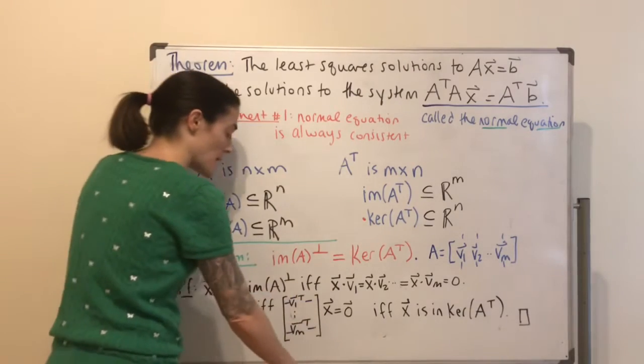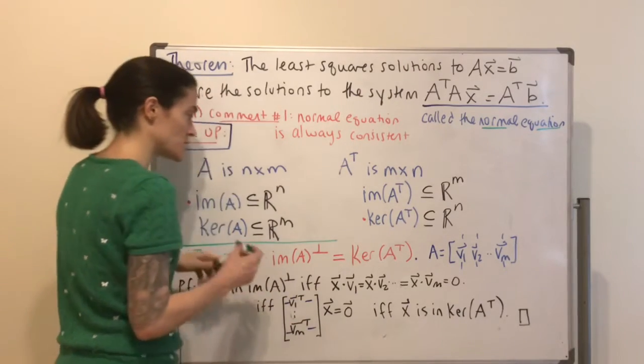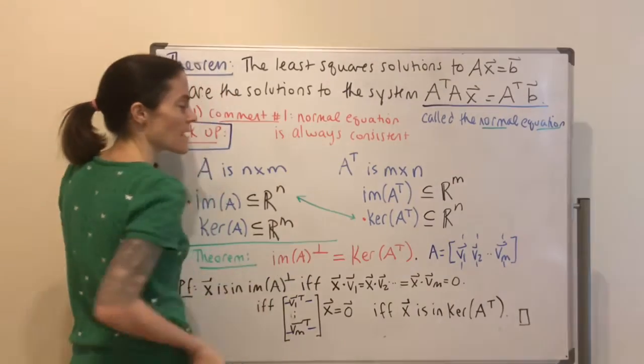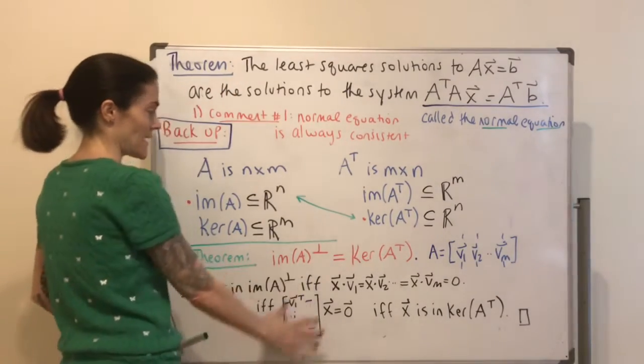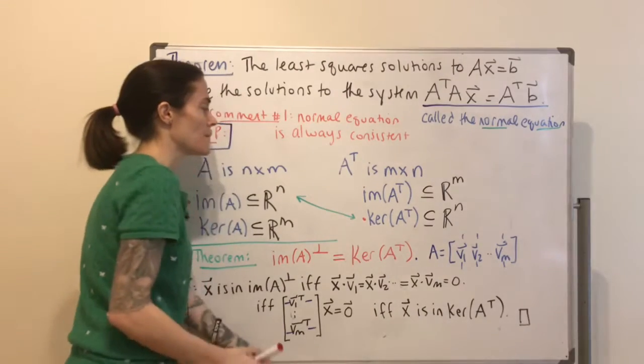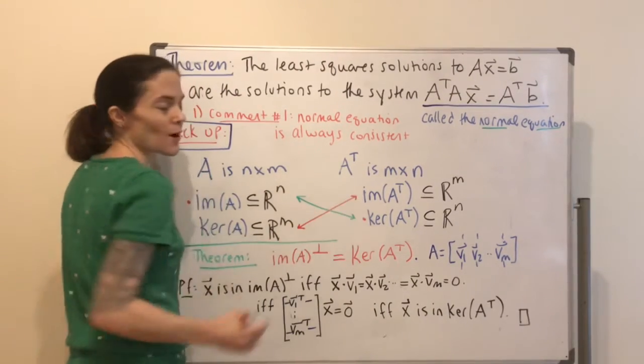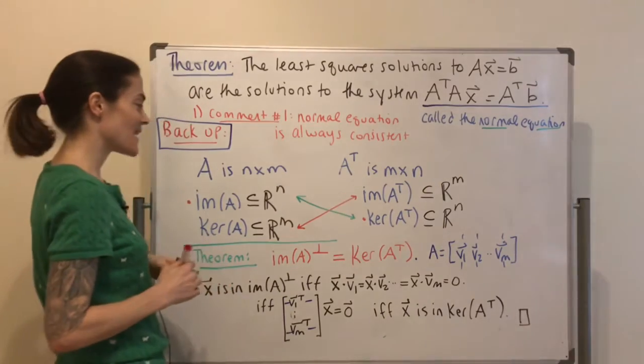But what our discussion has shown is that these two are orthogonal complements. In fact, that's the one that I proved. But as I mentioned, similarly, these two are orthogonal complements.